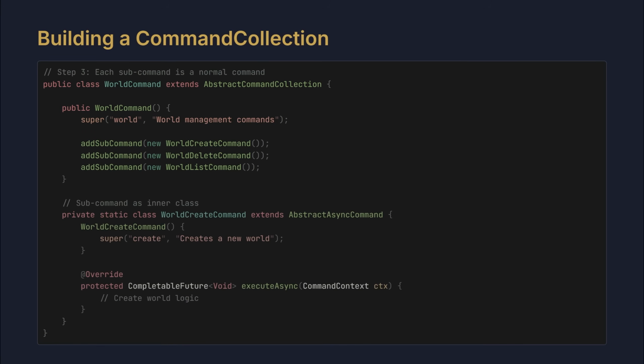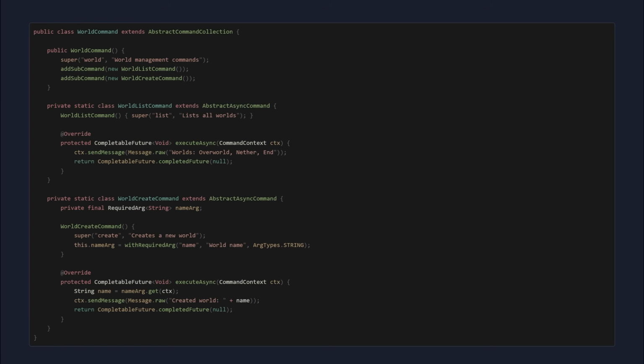I will show it to you as an inner class, but you can also define it in a new file. So for example, inside world command, I can define an inner class world create command, which now extends abstract async command, but it also could extend abstract player command. I give it a name and description over the constructor and override the execute method. And that's everything I need for a command collection to register it to the parent command.